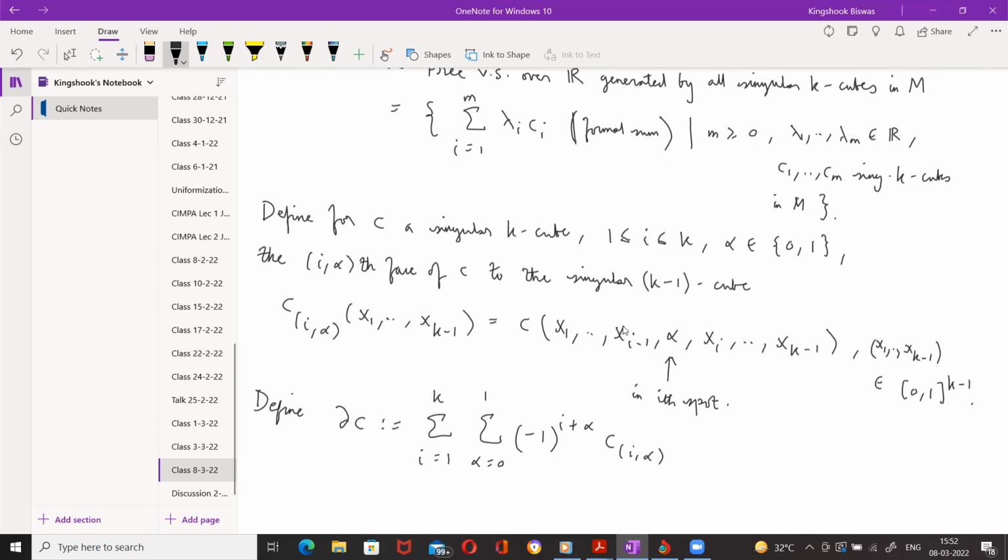So now this is a formal sum of singular k minus 1 cubes. So this is no longer a singular k minus 1 cube. It's a singular k minus 1 chain. So this belongs to C_{k-1}.